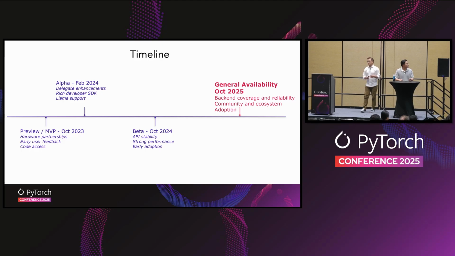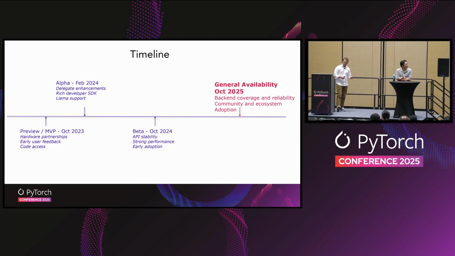And we improved our SDK quite a bit. There were a lot of delegate enhancements. And last year, during this conference, we provided some strong performance numbers on LLMs, gave some early adoption stories, and also provided some API stability.